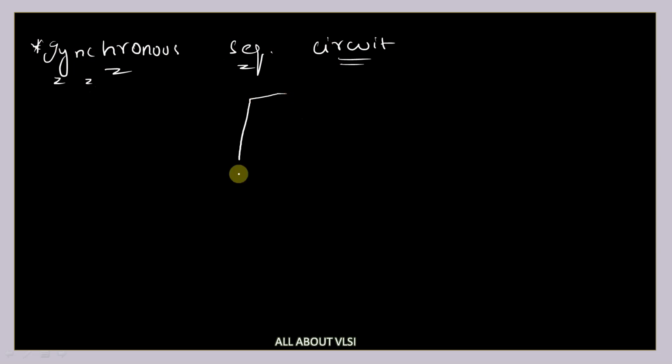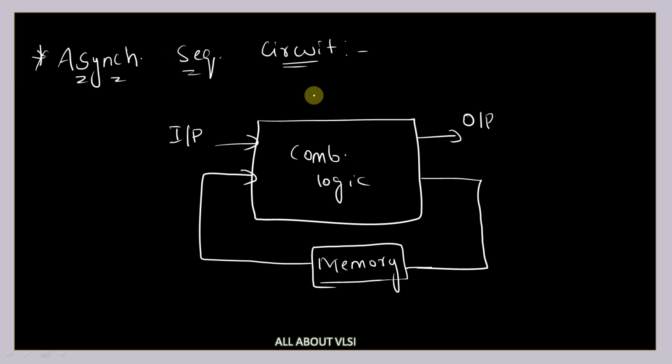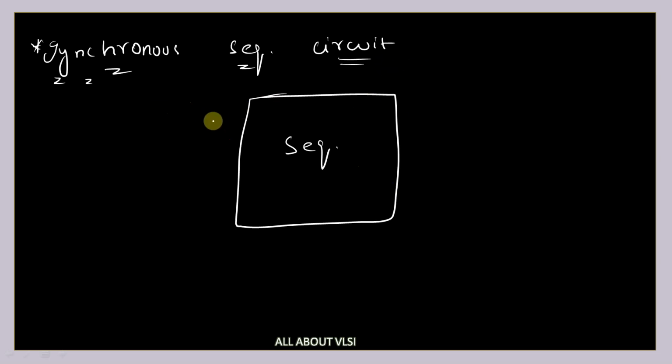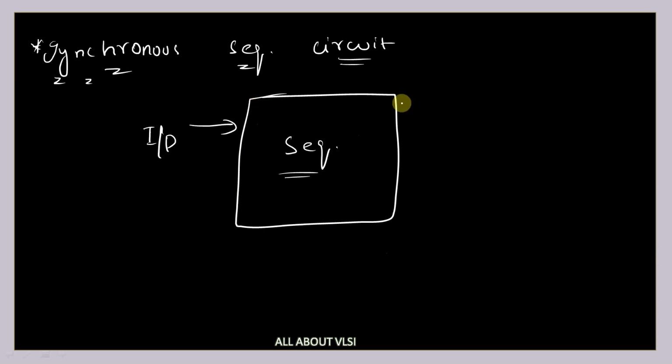Whatever circuit you have drawn here, I am considering this whole circuit as a simple sequential circuit, which has one input. Inside the sequential circuit, if you elaborate, you will have one combinational logic with one feedback. Instead of drawing that, I have made it a block, followed by the output, and your circuit will have a control signal like clock or enable.